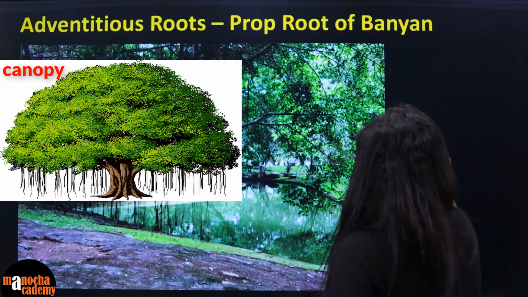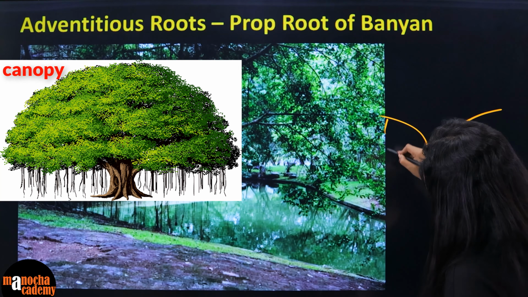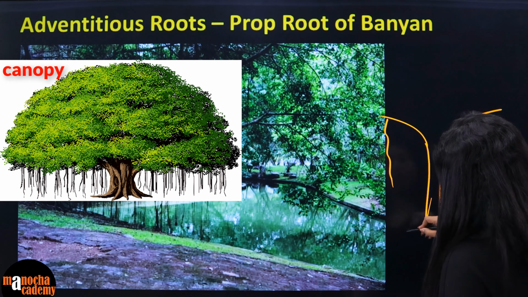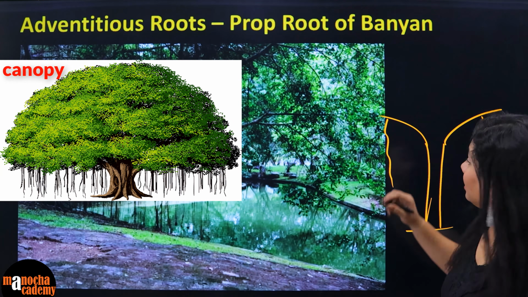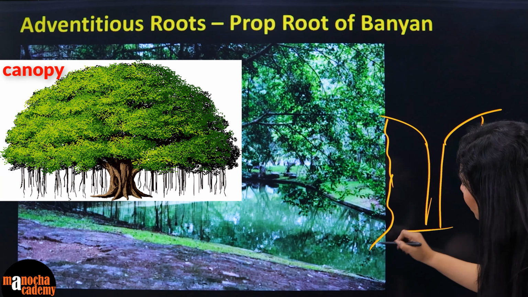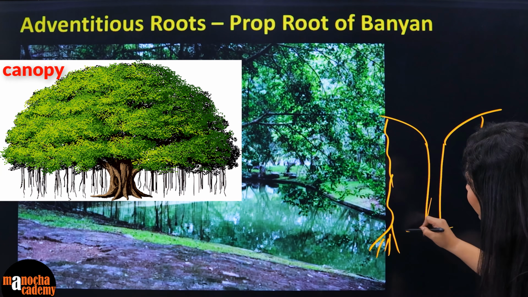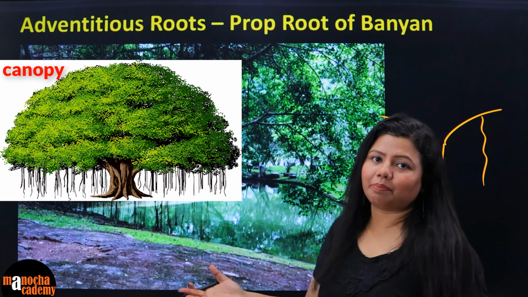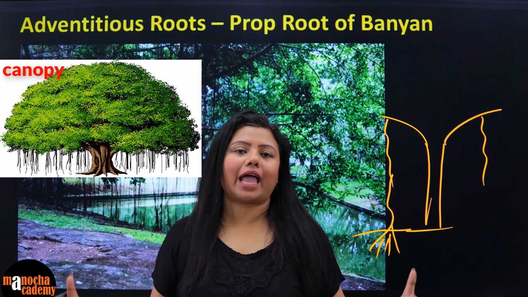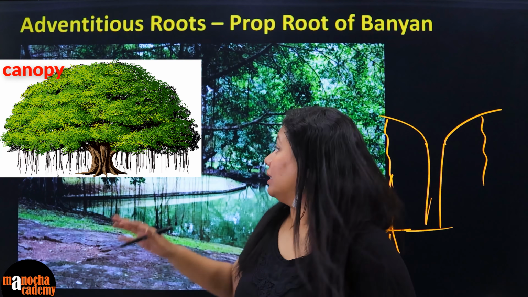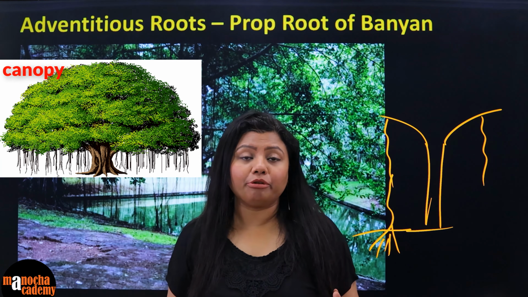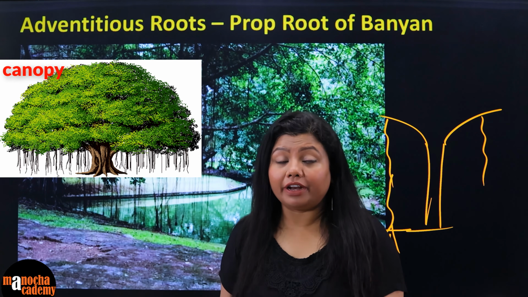So when their branches spread, the branches start giving out their own roots that hang, and then they grow longer, go into the soil, and they provide anchorage and support to the entire top or the canopy, right? So this is known as the prop root, and this is a type of adventitious root.